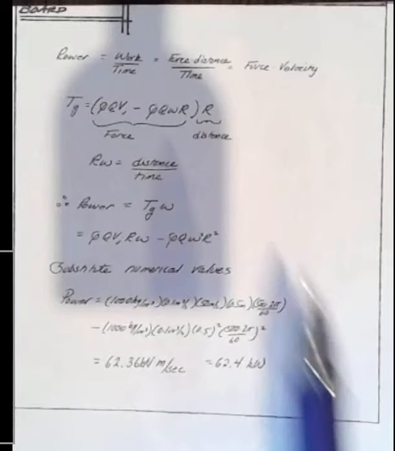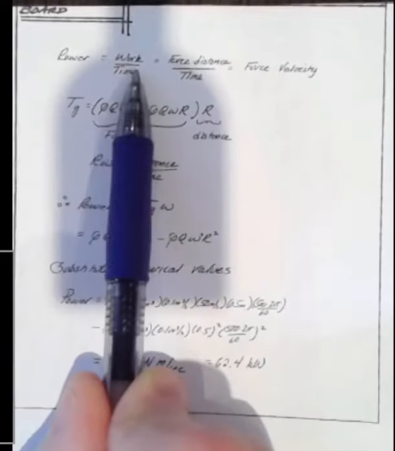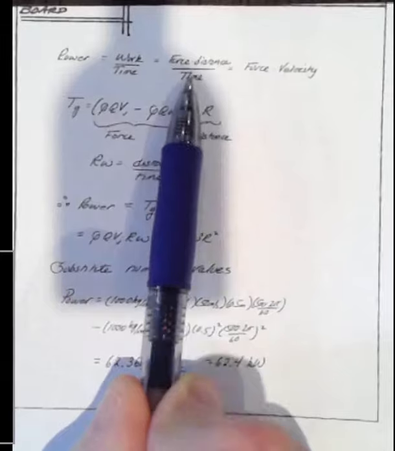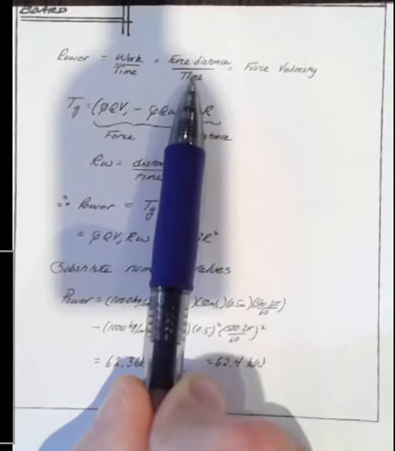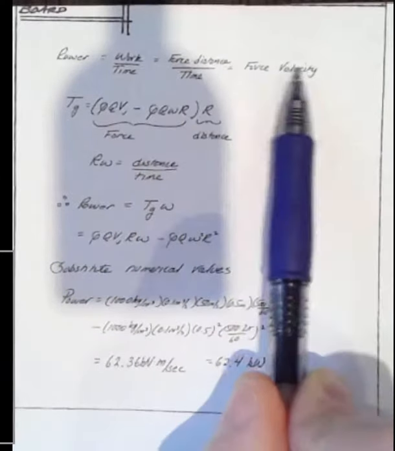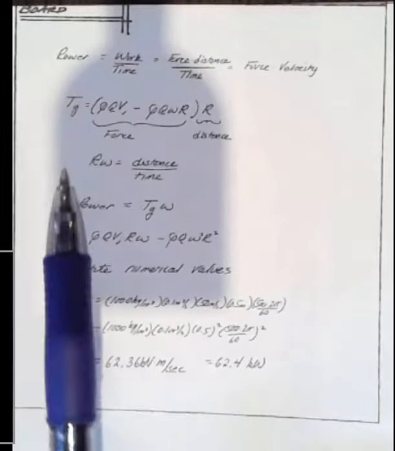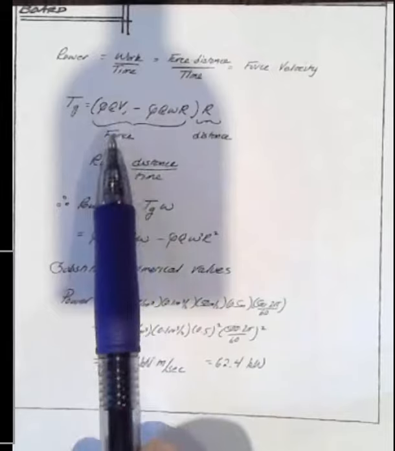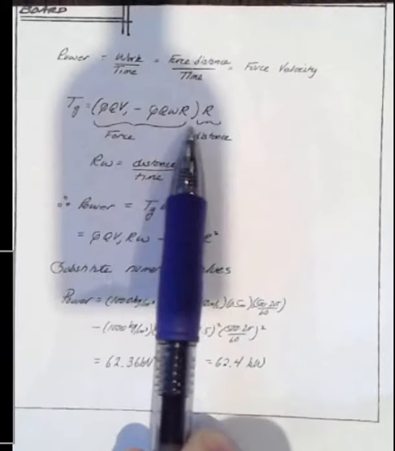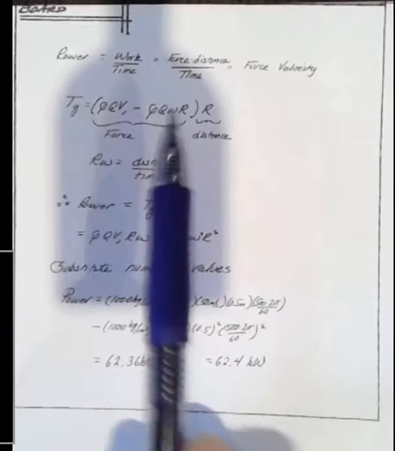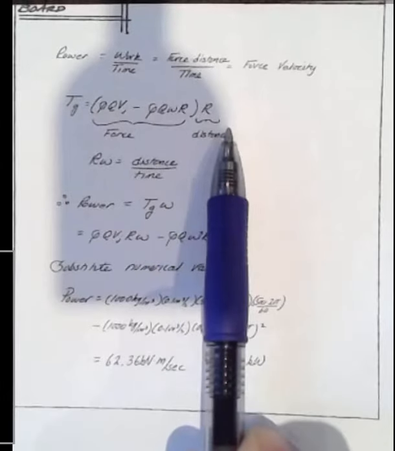And if we recall, power is work over time, which is force times distance over time. Distance over time is velocity, so force times velocity would give us the ability to determine power. If we look at the torque term, this part of the term is force, and then R is the distance.